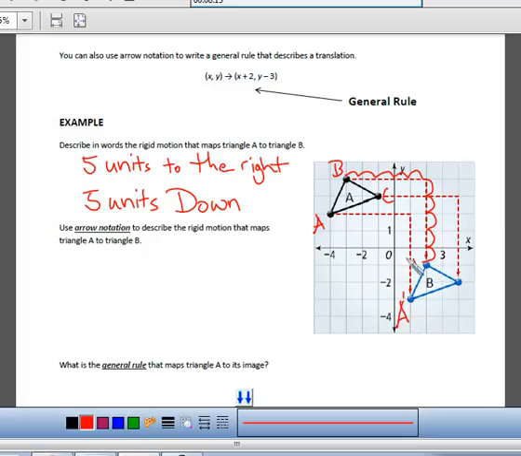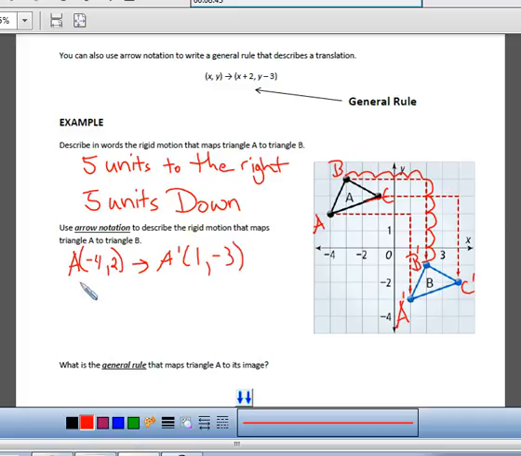Here's B, this is B prime, and C goes with C prime. So what are the points doing? A is going from -4, 2 to A prime, which is down here, that is 1, -3.